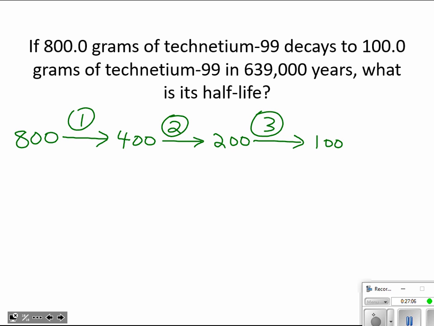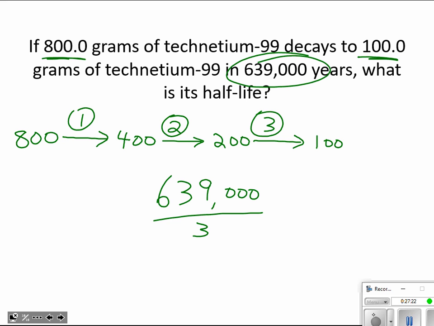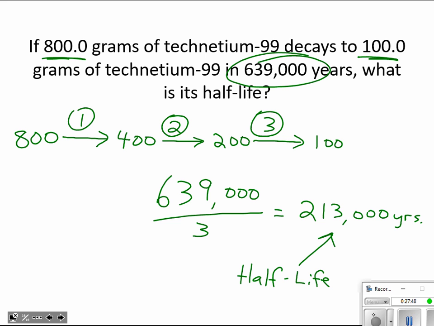Now the total amount of time to get from 800 to 100 was 639,000 years, and I know that I had 3 half-lives in that time. So if I take 639,000 and divide that by 3, it's going to give me 213,000 years. And that, ladies and gentlemen, is my half-life.